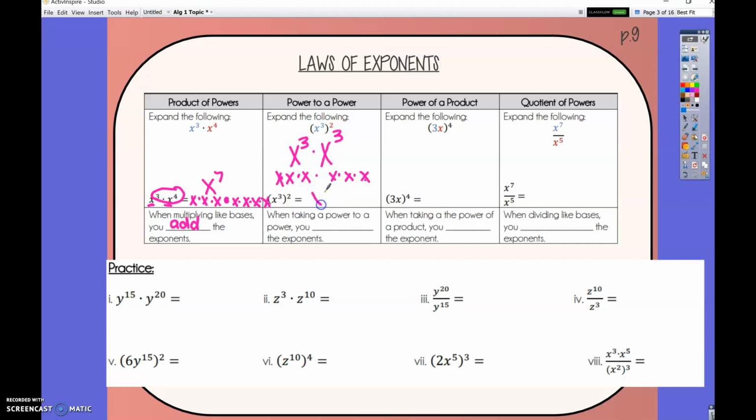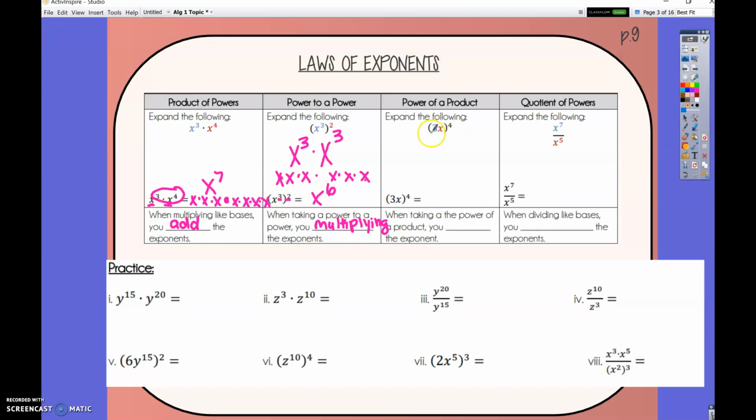That would give me a total of 6. But instead of having to write it out and expanding it like any of these, I could just have taken 3 times 2. So now we are multiplying the exponents when we have a base with an exponent to another exponent.